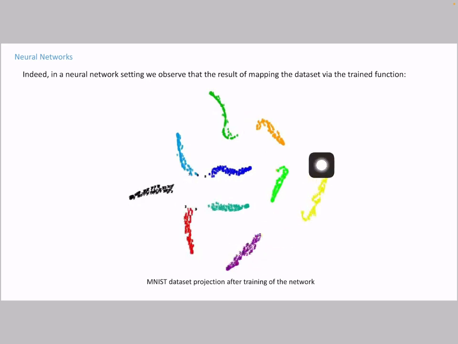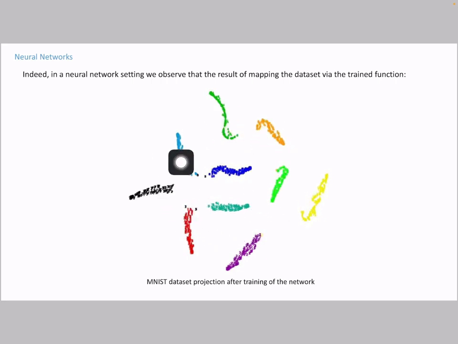You observe here that we have definite clusters. You see a cluster for the 7, a cluster for the 4, a cluster for the 2s, and so on. So there is a clear separation between the various labeled parts of my data. The question that we would like to ask is how this happened.